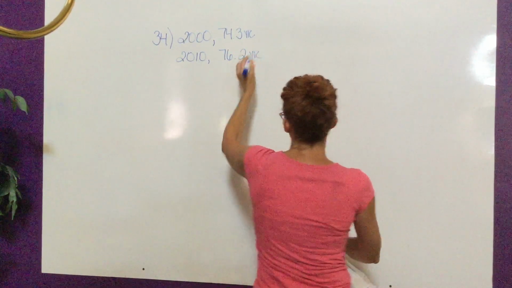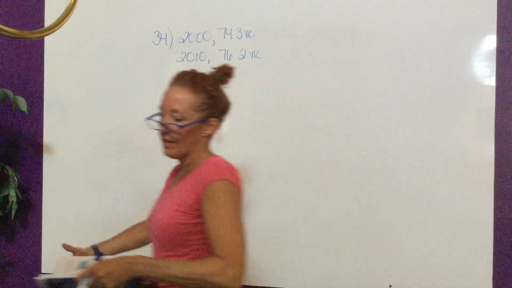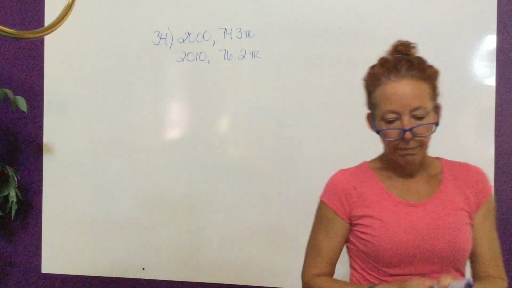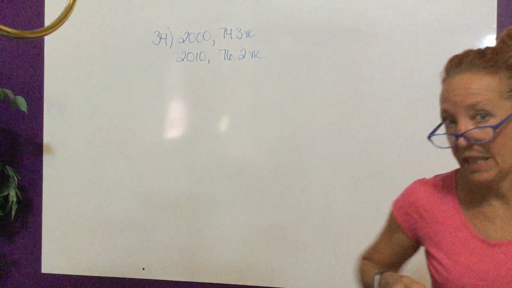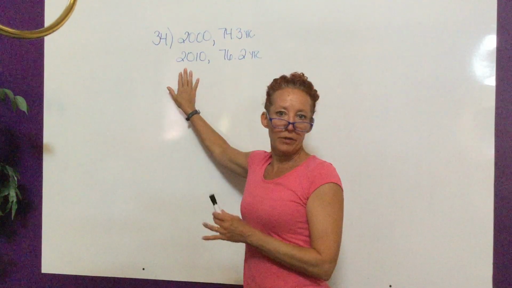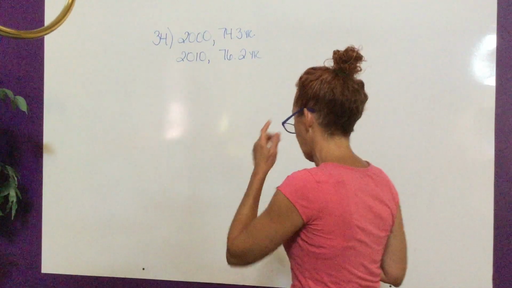The females fare a little better, but at least you're going up, right? So here we go. It might be difficult because in this case, both are measuring time, but you still want the years to be your X or your independent variable.